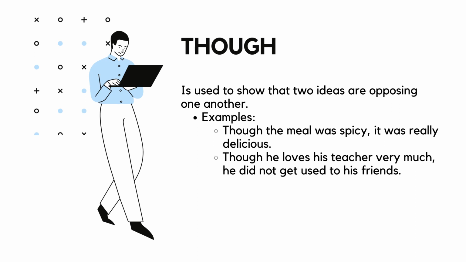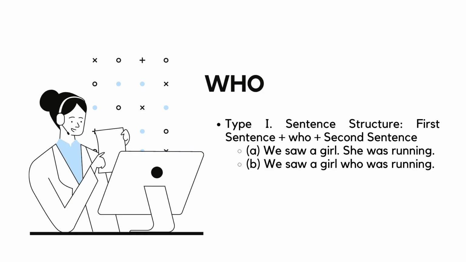Now, let us move to another one, that is who. The sentence structure is first sentence plus who plus second sentence. You can see the example. We saw a girl, she was running.